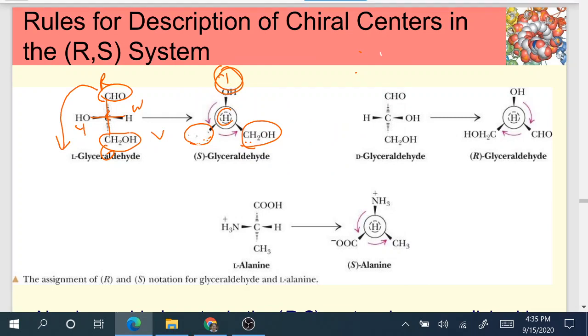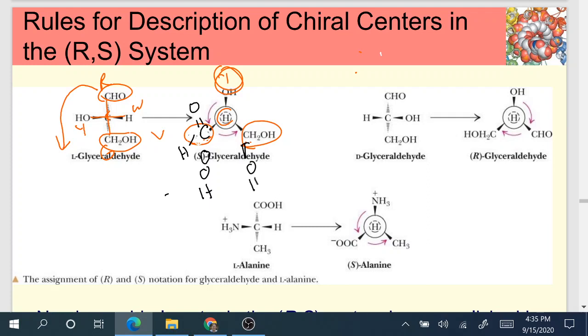An aldehyde group looks like this: COH. Okay, that's better. So this carbon has oxygen, oxygen, hydrogen, and this carbon has oxygen, hydrogen, hydrogen.